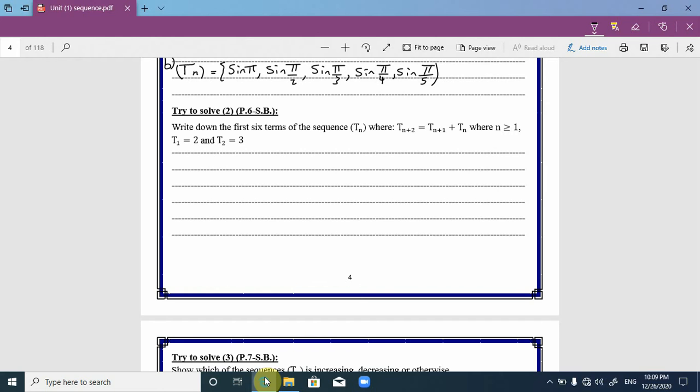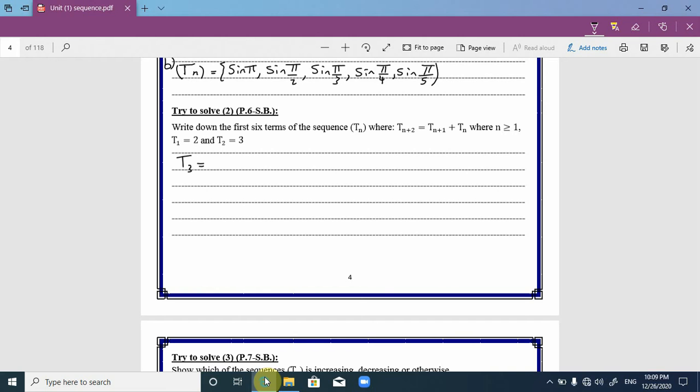Starting from the third term, if you look here, n equals 1, because n plus 2 equals 3.